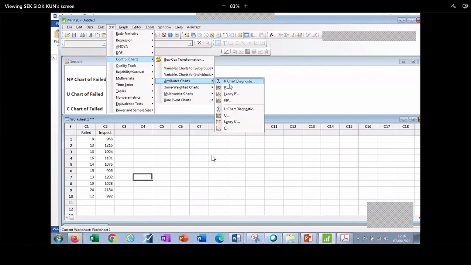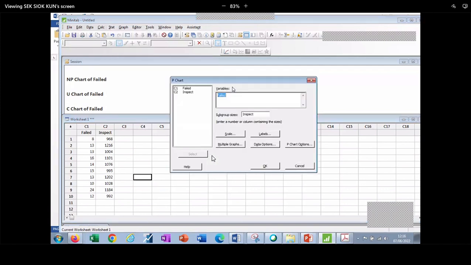I enter the number of defectives, which is column 1, Fail. And then the subgroup size; if the subgroup size is the same, then you just enter the number. How many? 150. Okay.